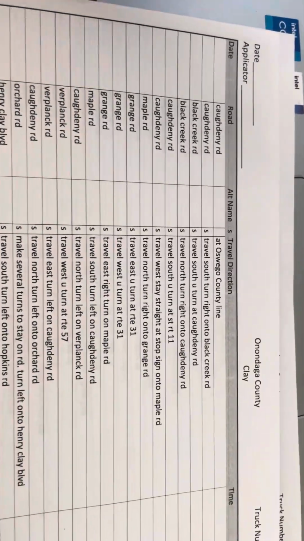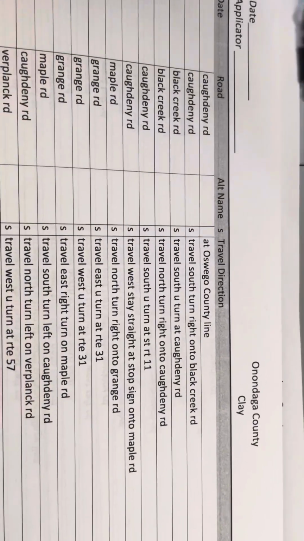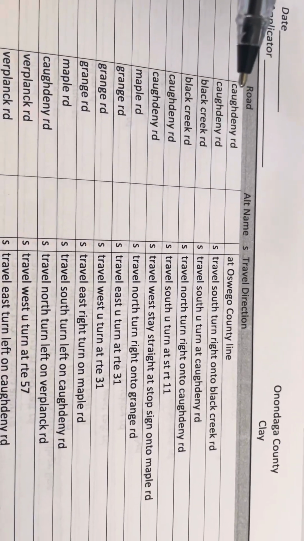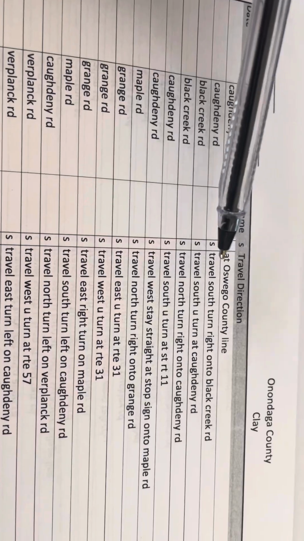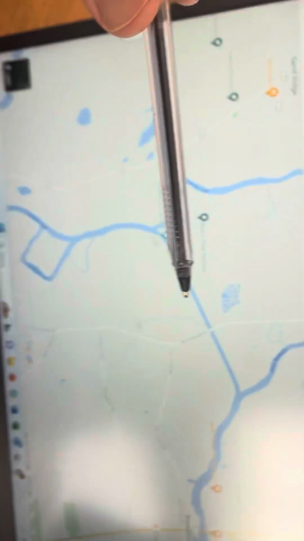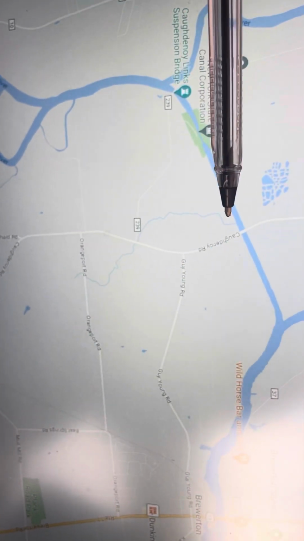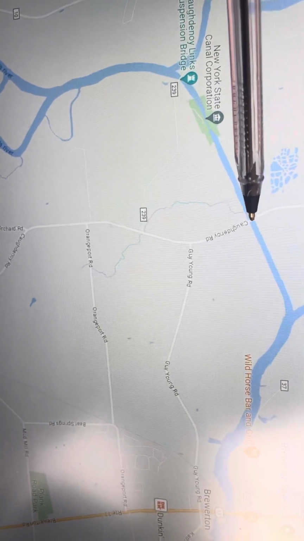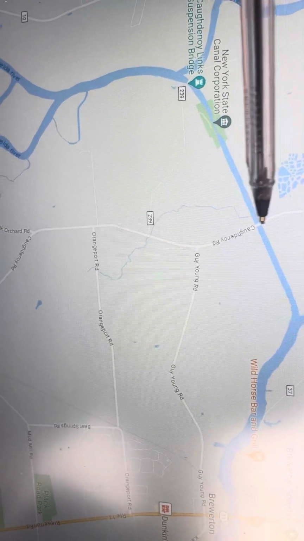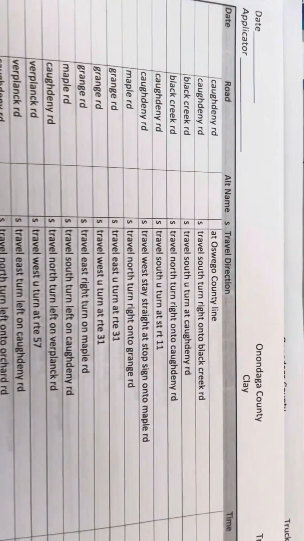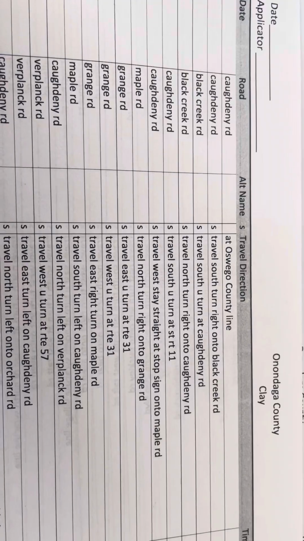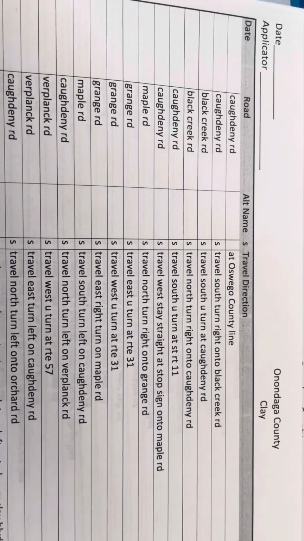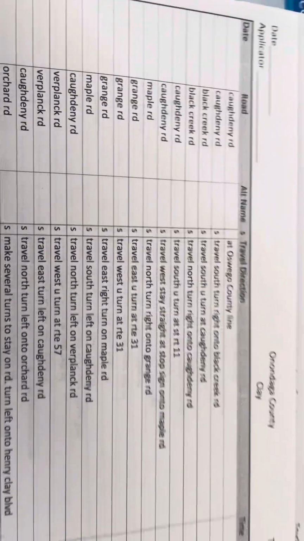This is the town of Clay, and we are starting here at Codnoy Road at the Oswego County line. When I look up here, Codnoy Road is right here, and the river is the county line. That's my starting point, and I'm going to read from this sheet while keeping my camera on the map so you can travel along with it.